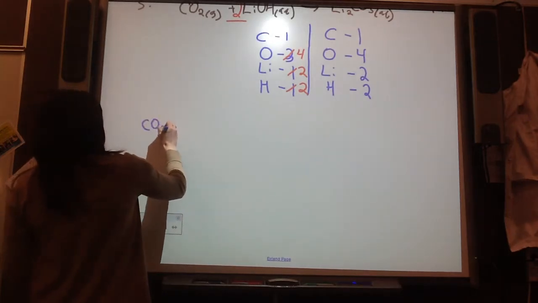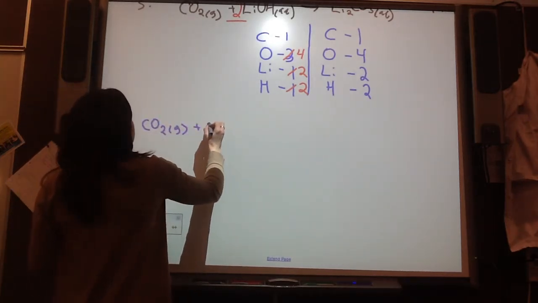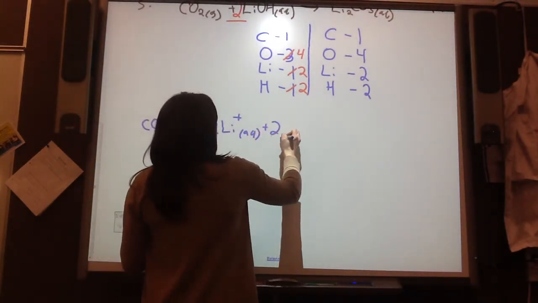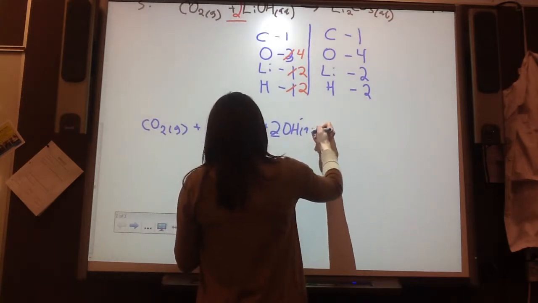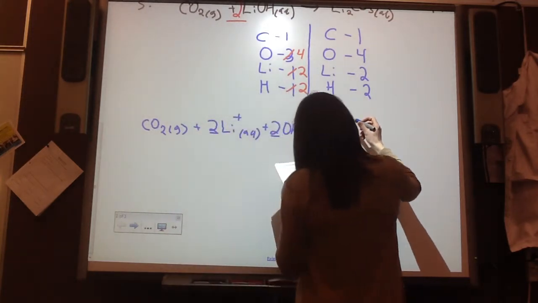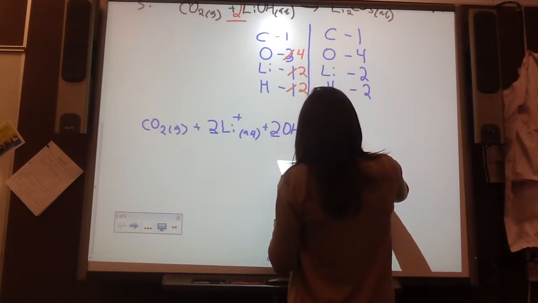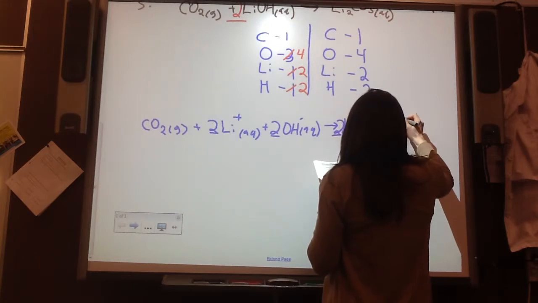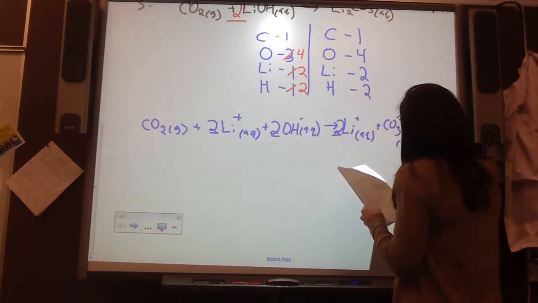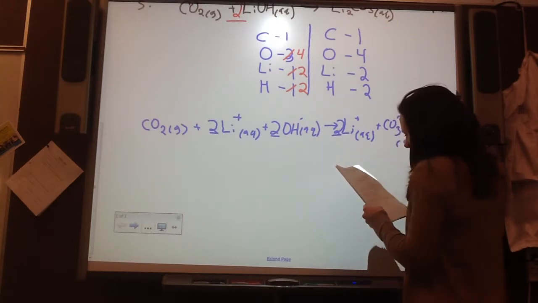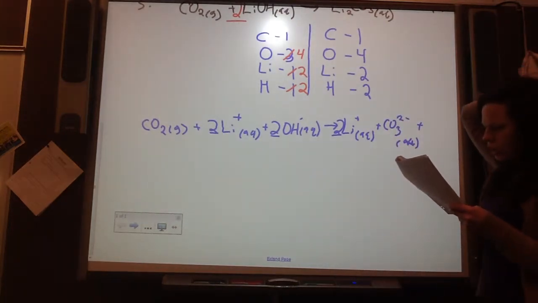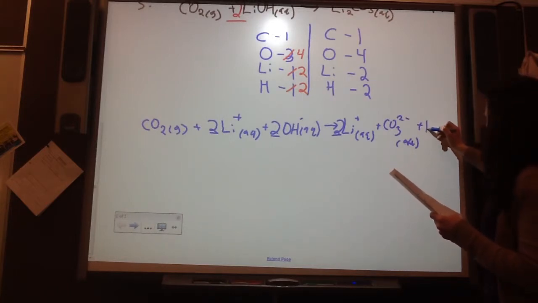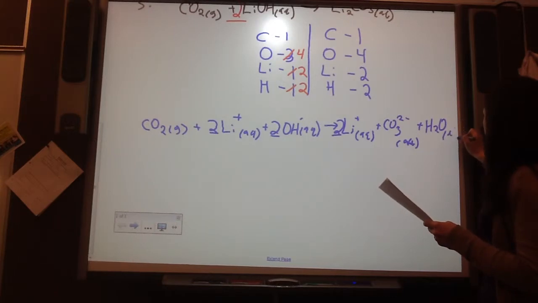So we have our CO2 gas plus 2 Li+ aqueous plus 2 OH- aqueous makes 2 Li+ aqueous plus CO3 2- aqueous plus, we're just going to keep water together right now, H2O liquid.